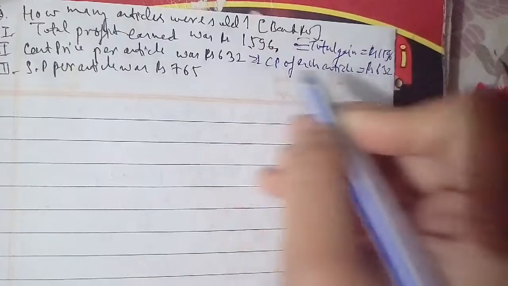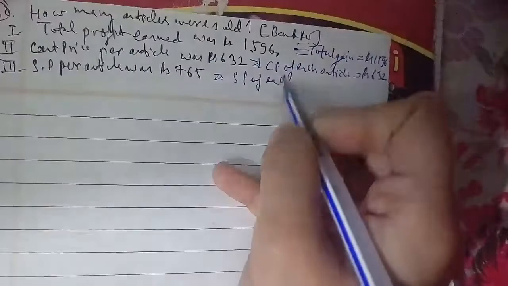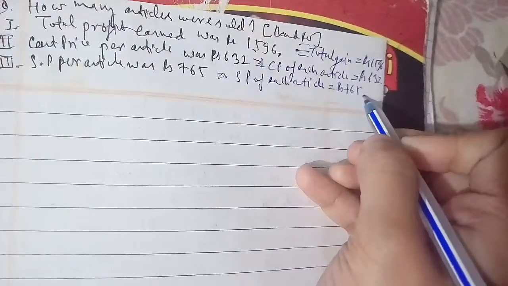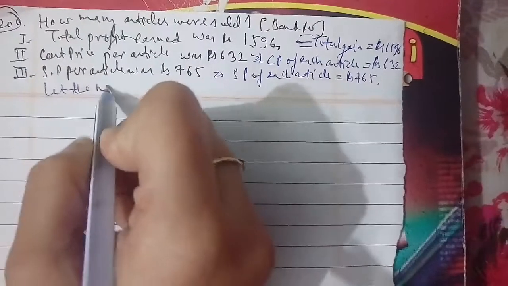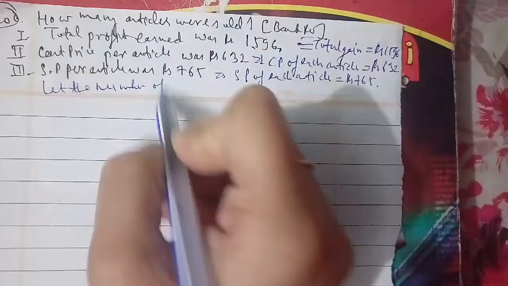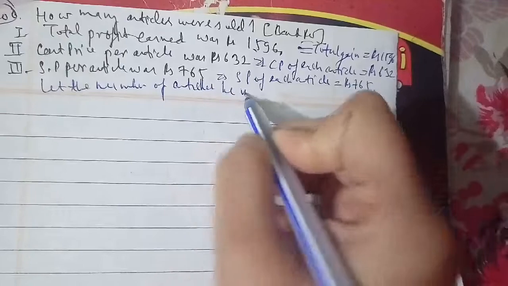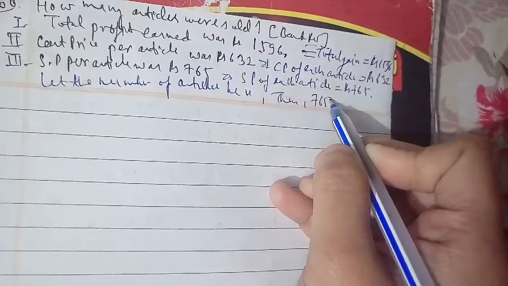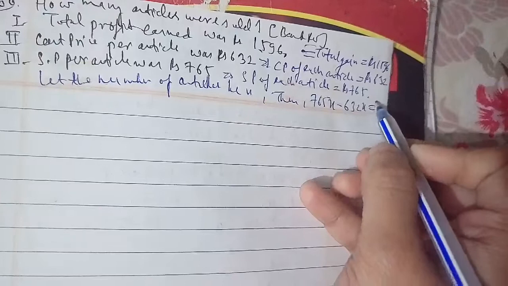And according to the third, SP of each article equals rupees 765. So let the number of articles be X, then 765X minus 632X equals 1596.